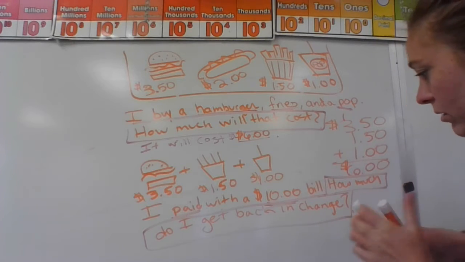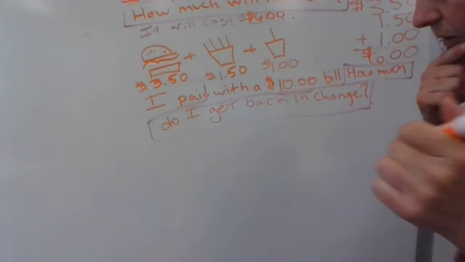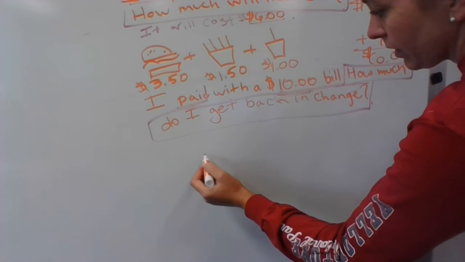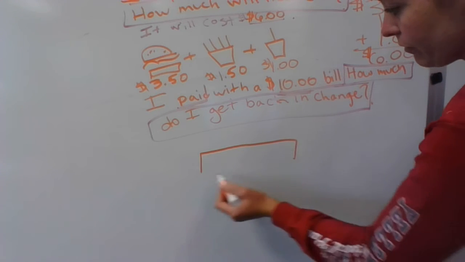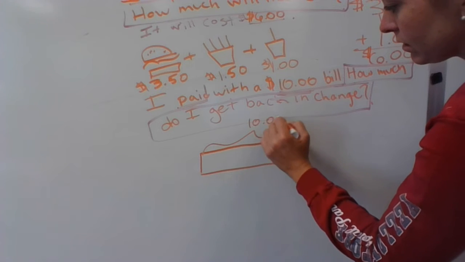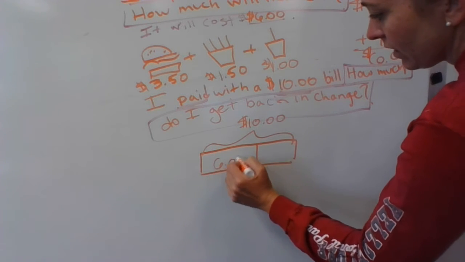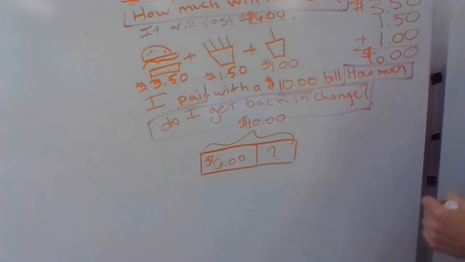So if I draw here a picture, move this screen down just a little bit. I've got, let's see, how would I draw this? I could draw out a tape diagram where I have a total of 10, and part of that is 6, and I want to know what the other part is.